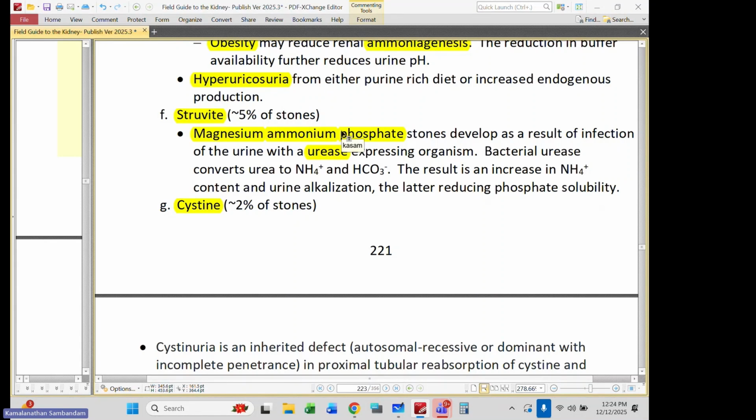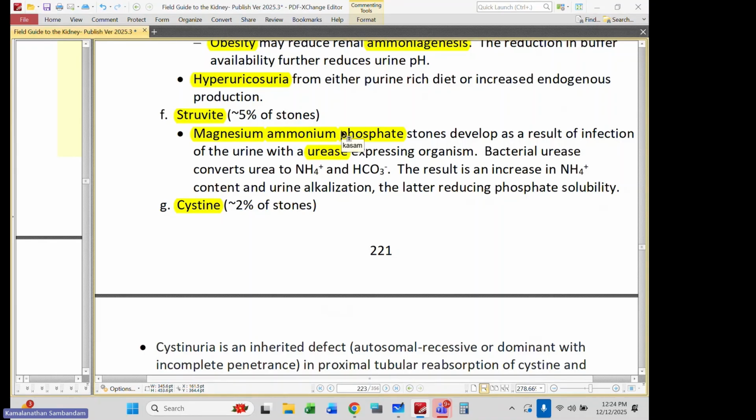Okay, so in patients with struvite stones, you'll see ammonium excretion rates that are like 100 millimoles or higher than that. Where does all that ammonium come from? Not from the kidney just cranking out urinary buffer, but rather the splitting of urea into ammonium and bicarbonate.